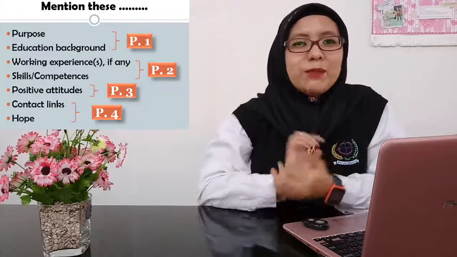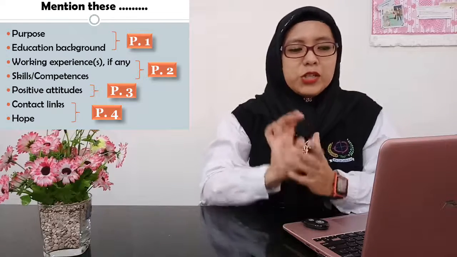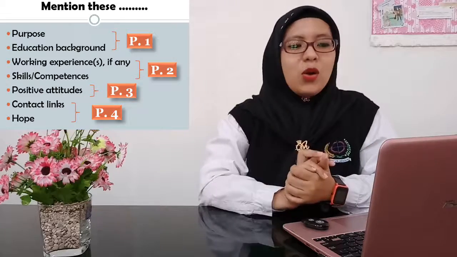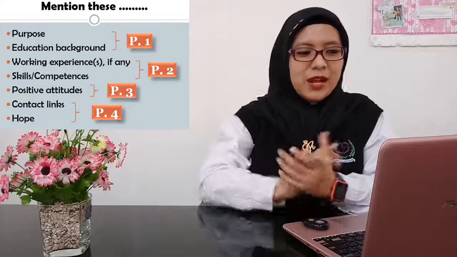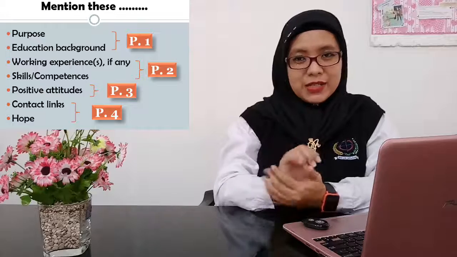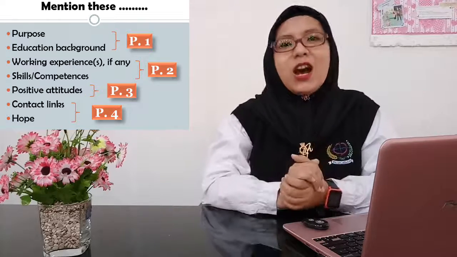This is one paragraph management that you can adopt, where you put your purpose and educational background in one paragraph, working experience and your skills or competencies in one paragraph, and then your positive attitudes in one short paragraph, and then the last paragraph is about your contact links and hope.